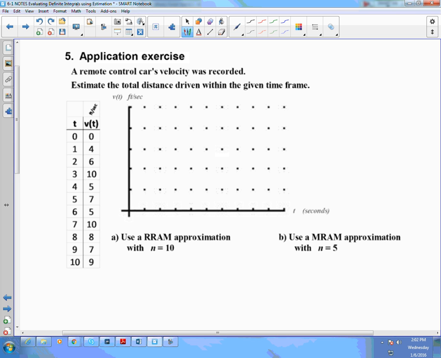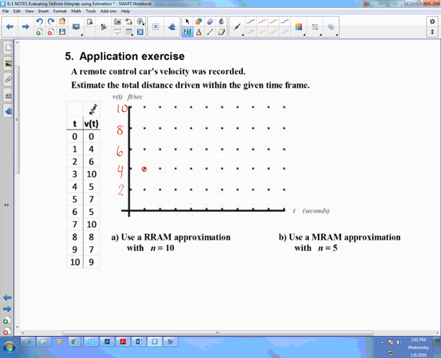0, 1, 2, 3, 4. Actually, it looks like I don't have enough dots, so we should probably consider the empty. The highest one is 8, and then I have 1, 2, 3, 4, 5 dots, so I should be counting by 2s.